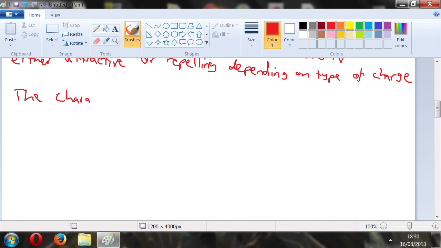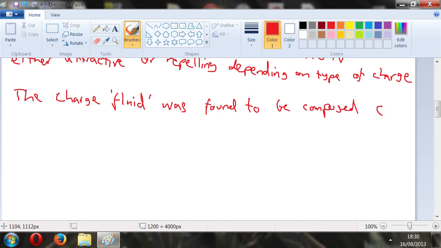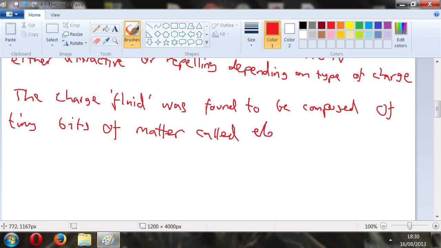So the charged fluid, and I'll put it in inverted commas because obviously it's not a fluid, was found to be composed of tiny bits of matter called electrons.